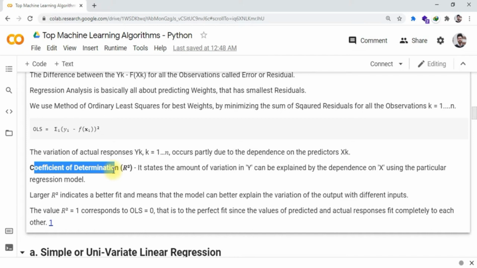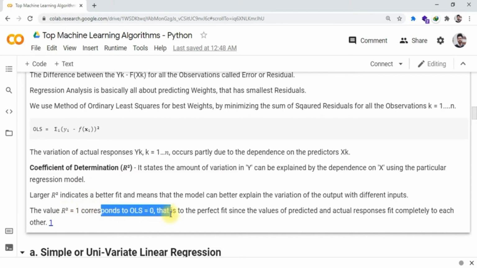When we get a larger value of the coefficient of determination, r square, that means our model is the best fit for that data, or our predicted weights are the best weights for those equations. And if r square is equal to 1, it corresponds to 0 error, and it's a perfect fit model.